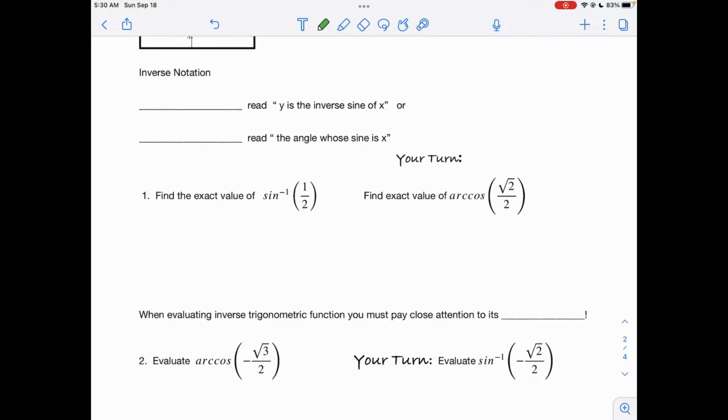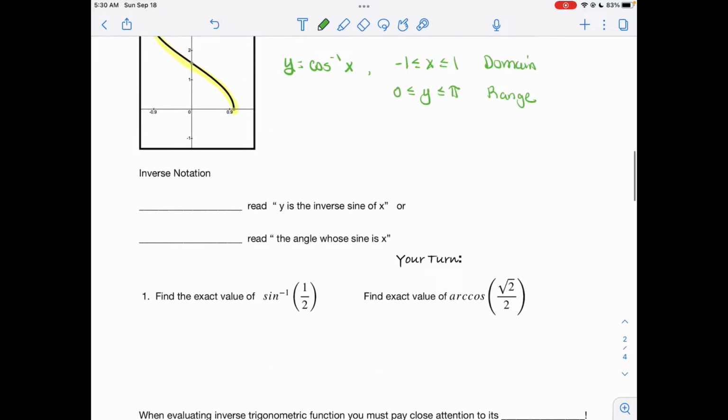All right, so there are two notations that are accepted for inverse trig functions. The one I've used so far has this negative 1, but no, that's not an exponent of negative 1. It is read y is equal to the inverse sine of x. Another very common one you see would be y equals arc sine of x, but you don't read it as arc sine of x.